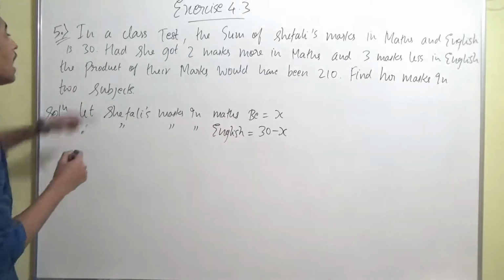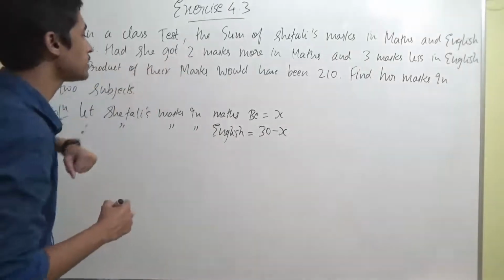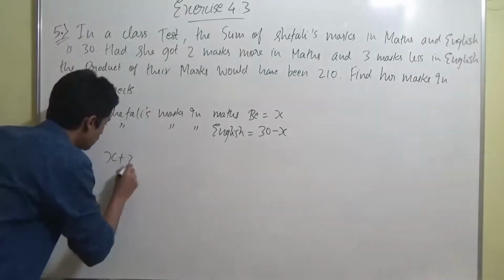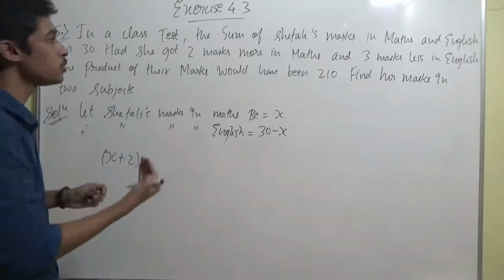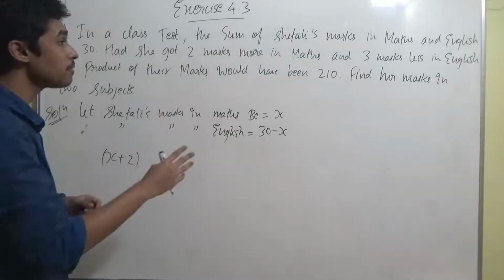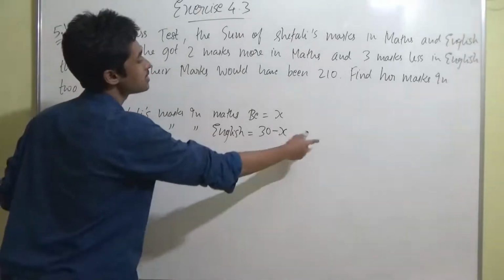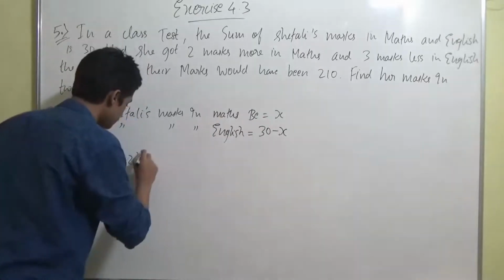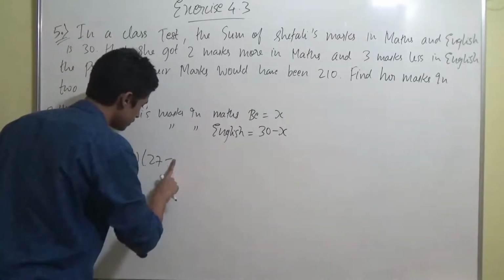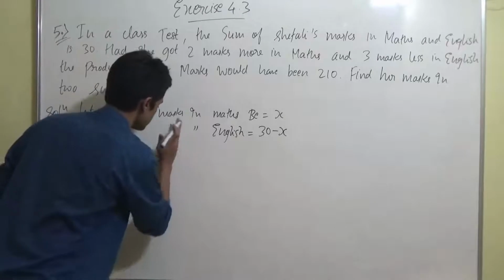Now they're saying, had she got 2 marks more in Maths, which means X plus 2, and 3 marks less in English, which means 30 minus X minus 3, that is 27 minus X. Getting it, guys?